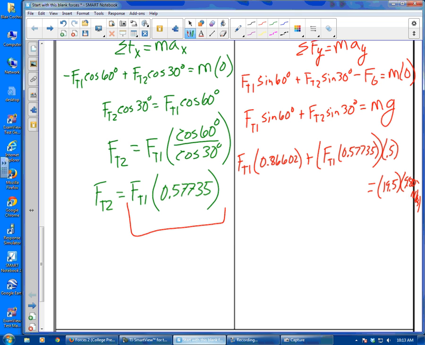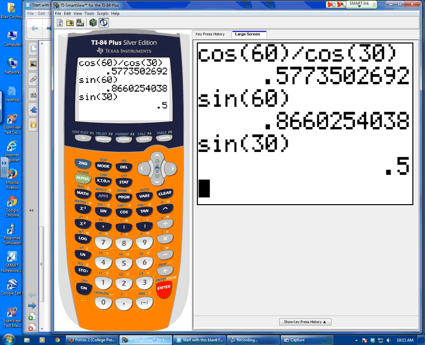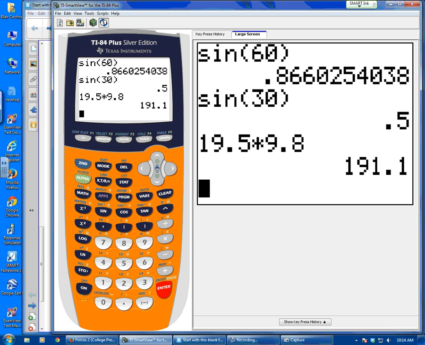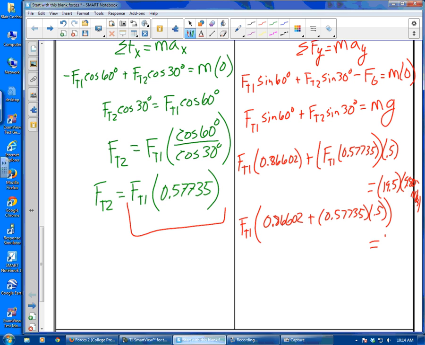And now pulling things out, organizing mathematically, ft1 times 0.86602 plus 0.57735 times 0.5 equals, again, 19.5 times 9.8, which is 191.1.